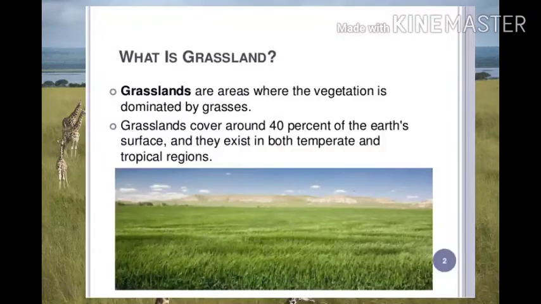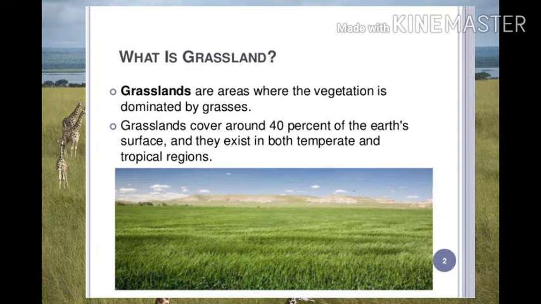We will see through the pictures what the temperate grasslands and the tropical grasslands are, with their wildlife. Students, the grasslands are of several types, but they have similar characteristics, and mostly the grasslands are found in regions of low rainfall with a short growing period.